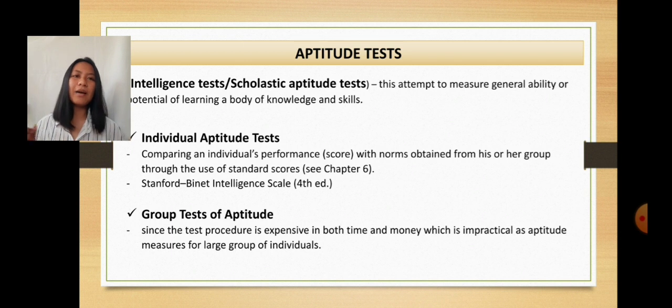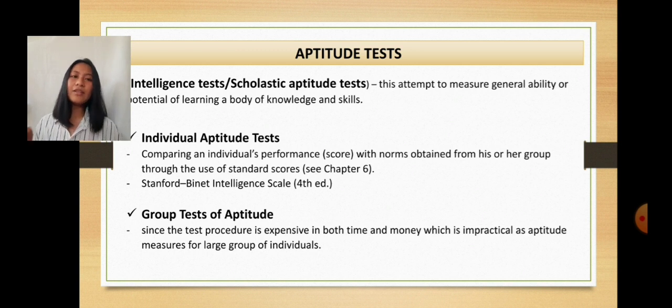So when we say aptitude test, it is also known as the intelligence test or scholastic aptitude test. This attempts to measure the general ability or potential of learning a body of knowledge and skills. We have here the individual aptitude test and the group aptitude test.